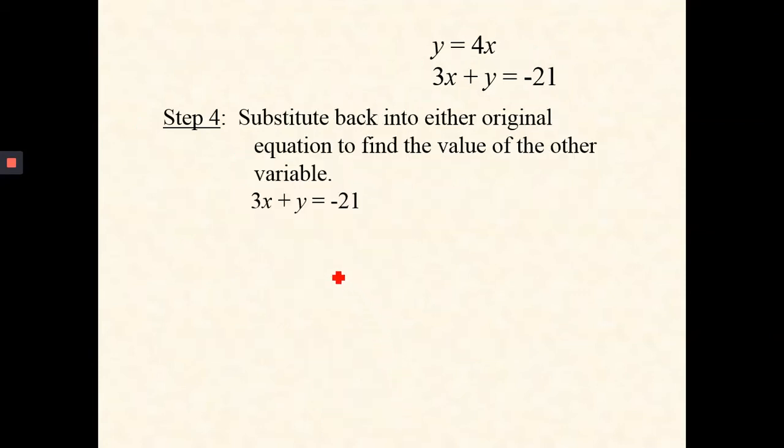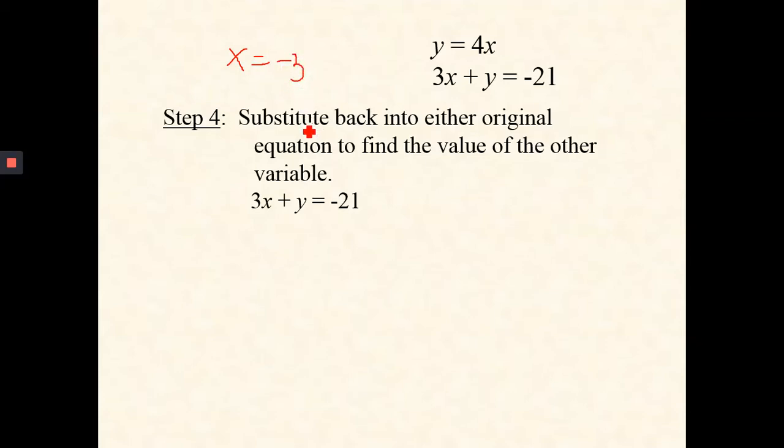Okay? In step 4, we are going to substitute back into either original equation to find the value of the other variable. Again, we already have the value for x, which is equal to negative 3.